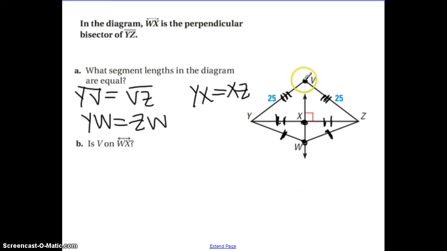If the two endpoints of this segment are equidistant, which they are, they're both 25 in length, then if this perpendicular bisector were extended, it would go right through that point V. So this is yes, by our converse theorem 5.3.